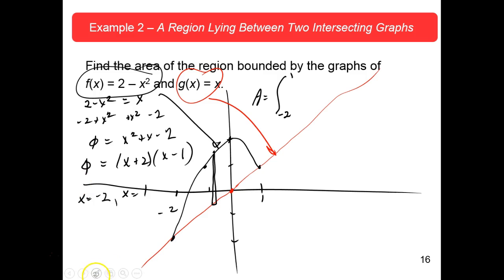F minus G. Perfect. And what would that be then? 2 minus x squared minus x, dx. Perfect.